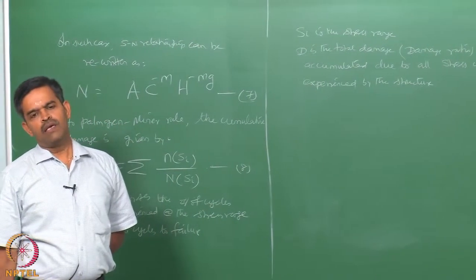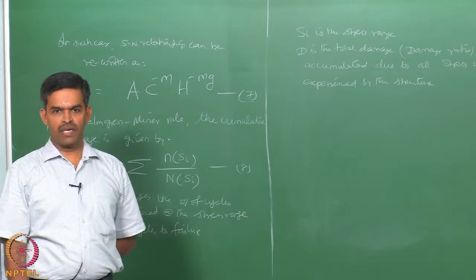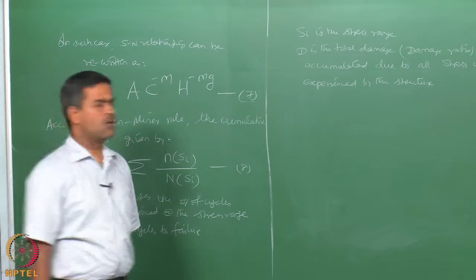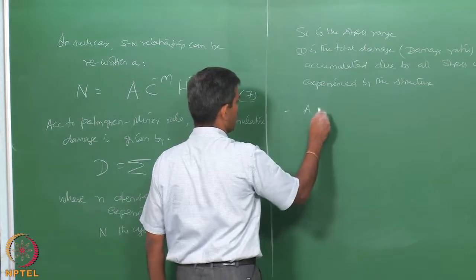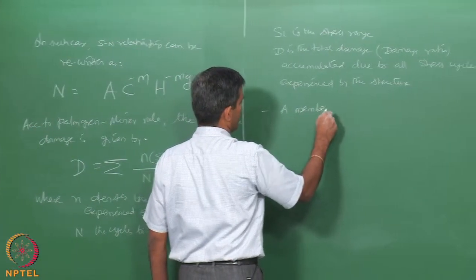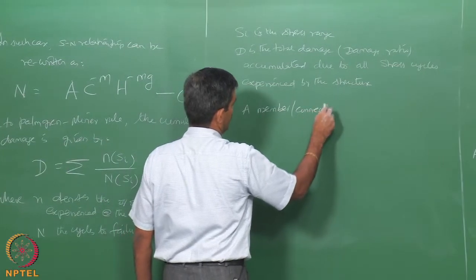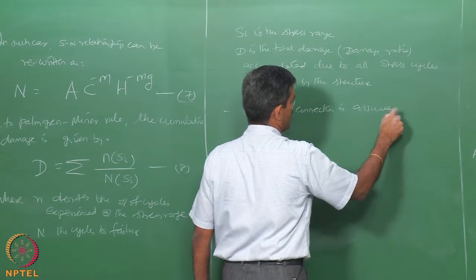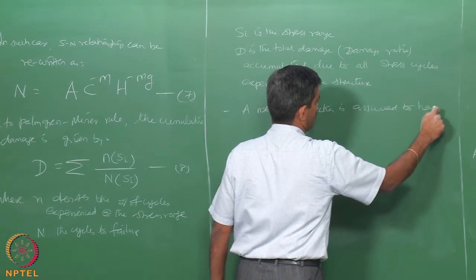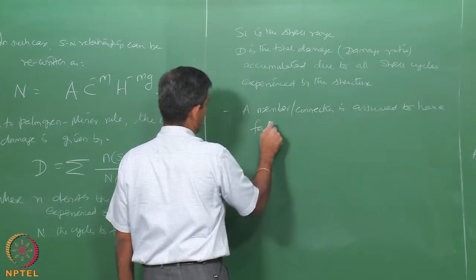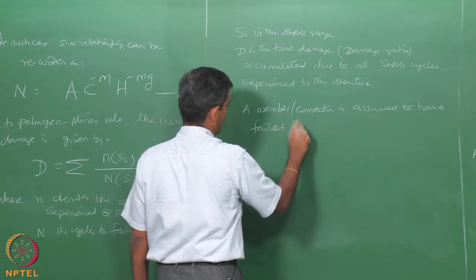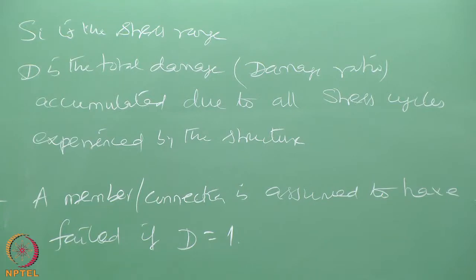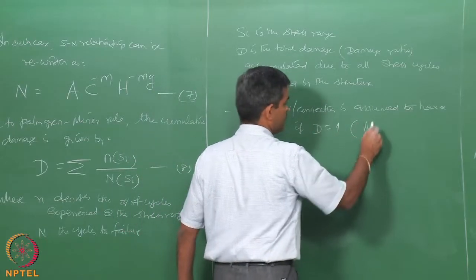Now, interestingly, a member or a connection is assumed to have undergone failure if D is equal to 1. D is equal to 1 as per the Miner's hypothesis.